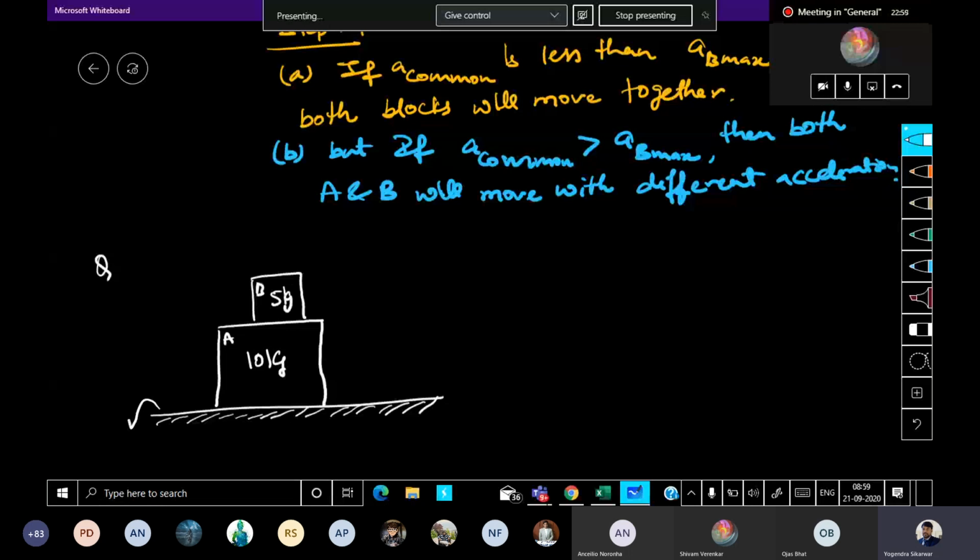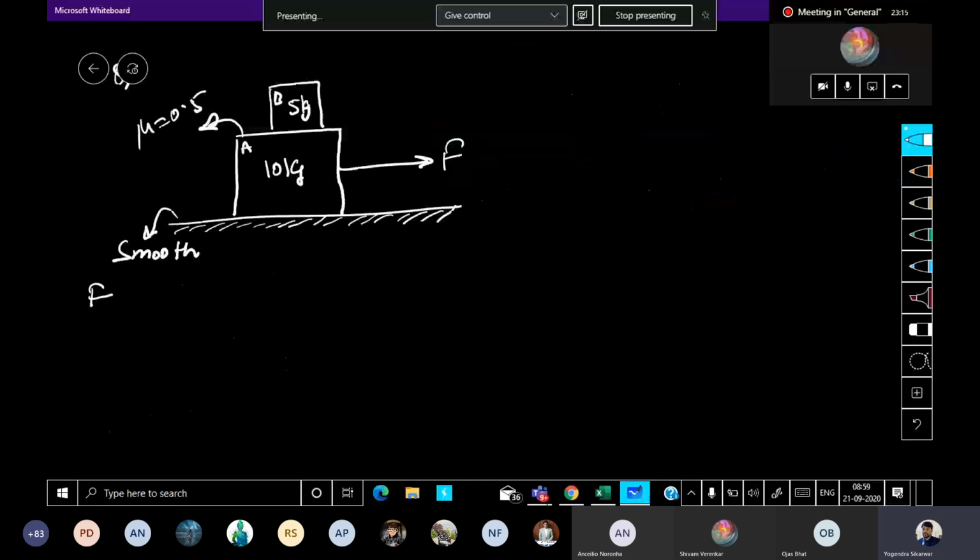This is F. And the question says find acceleration of A and B if F is 50 Newton, and 100 Newton. Please find. So first you apply F is equal to 50 Newton and find the answers for that. In second case, you change F to 100 Newton and find answers for that. Your time starts now.